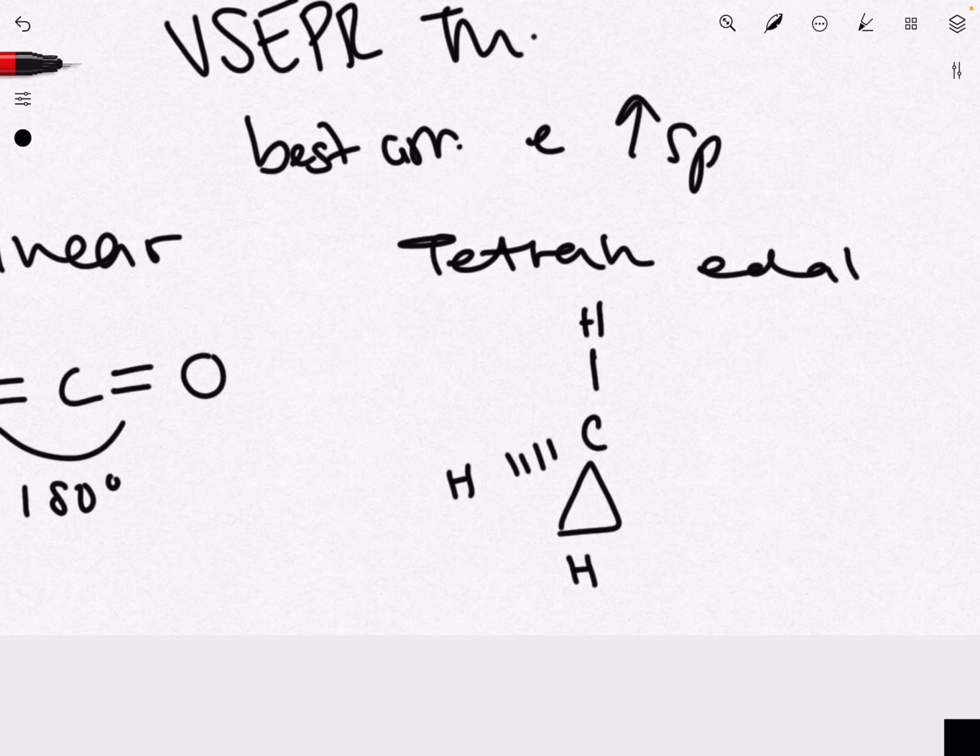So here this triangle is showing us that this hydrogen is as if it were coming out of the page. And these 4 lines here tell us that it's as if that hydrogen is going behind the page. So here we have butane as our example of a tetrahedral structure.